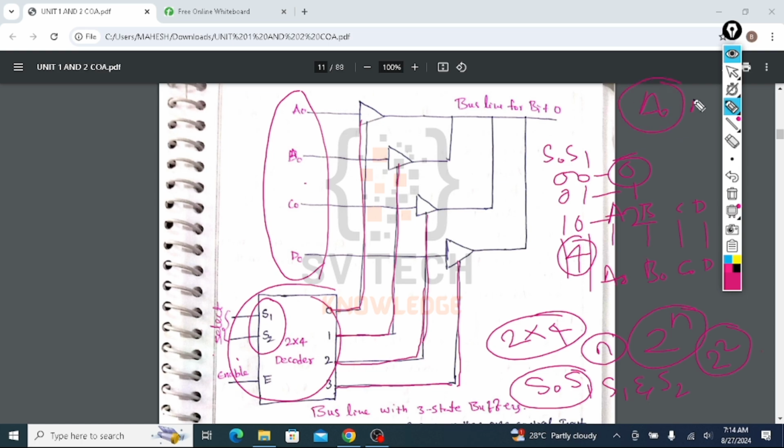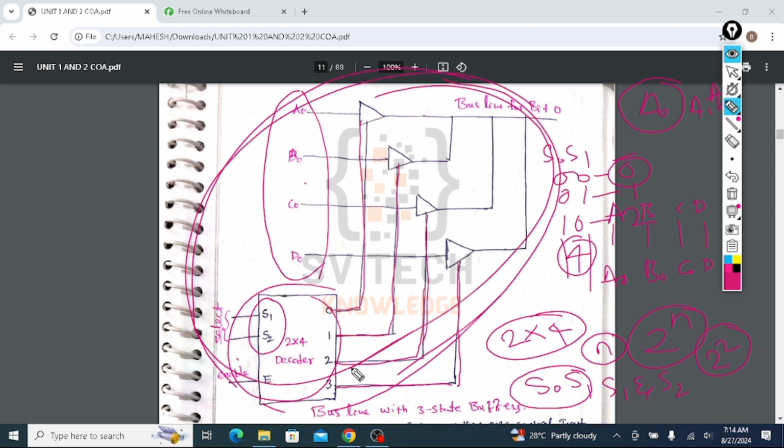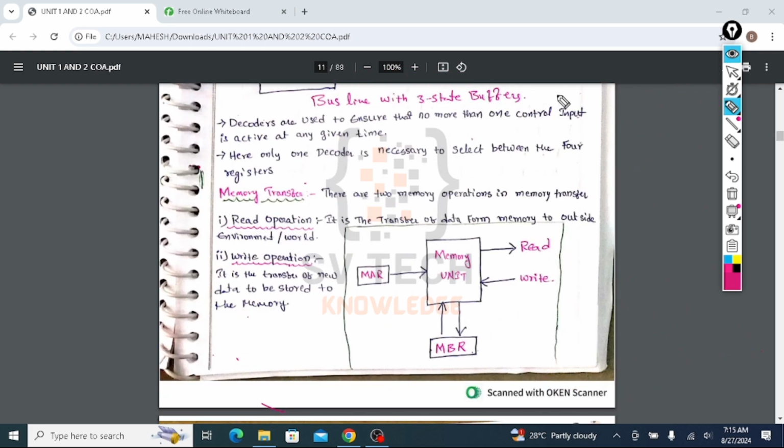If you want to select A1, the same structure will be repeated a second time. If you want A2, the same structure will be repeated a third time, and likewise for A3. If it is an n bit register, the same structure will be repeated n times. That is what is discussed here.